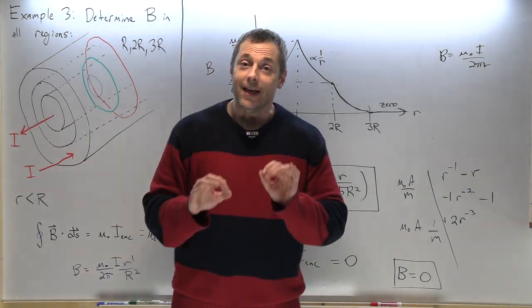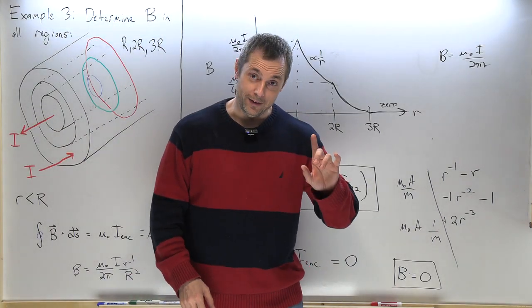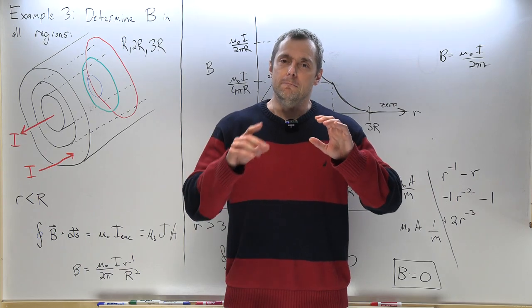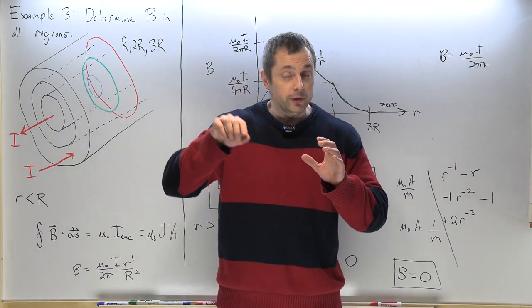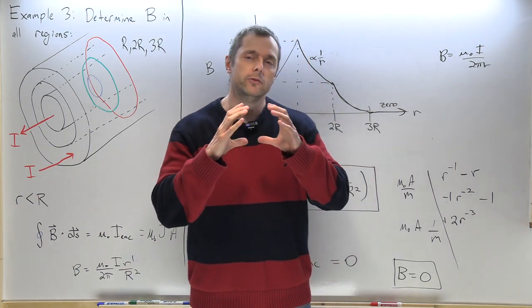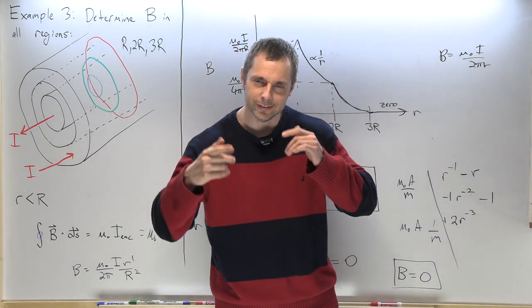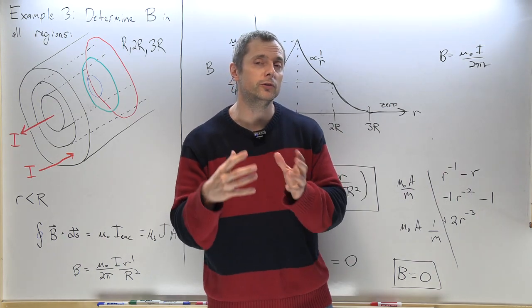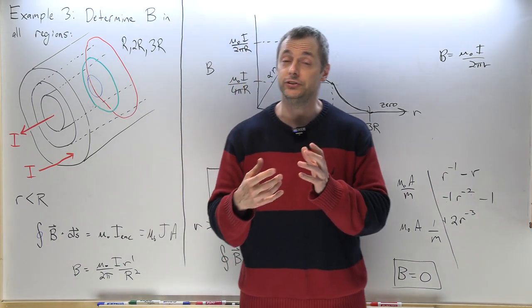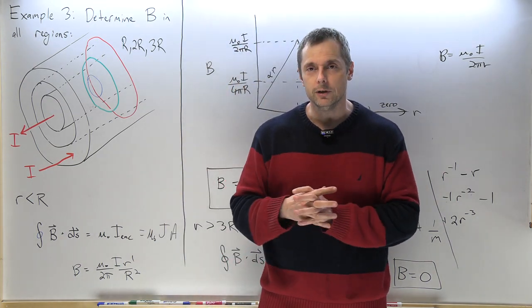All right, so that's Ampere's law 1. We learned the concept, closed integral of B ds around some kind of loop equals mu 0 I enclosed. So you need to know exactly how that concept works to apply it to all kinds of shapes of currents and Ampere loops.